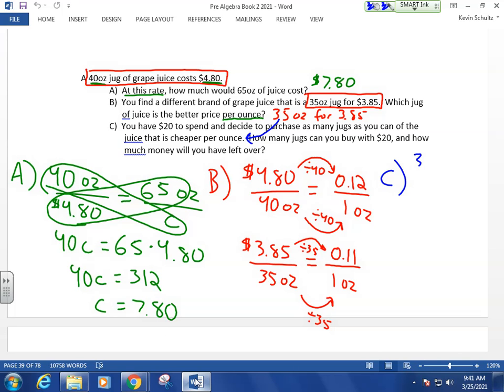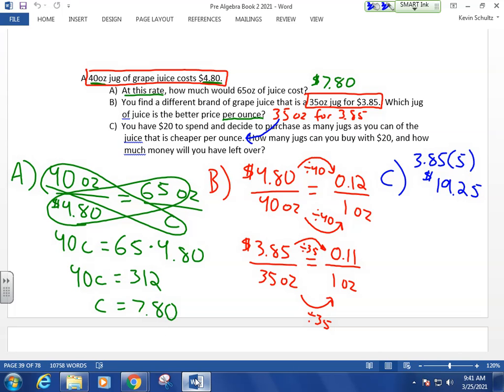So Maggie went ahead and she multiplied $3.85 by 5 just to see where she got. And 385 times 5 is $19.25. Okay, since we've got $20, that means we can buy 5 of them with 75 cents left over, right?